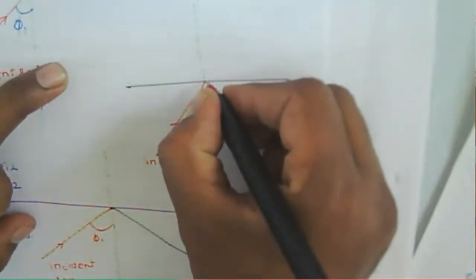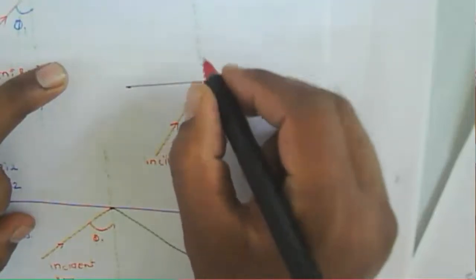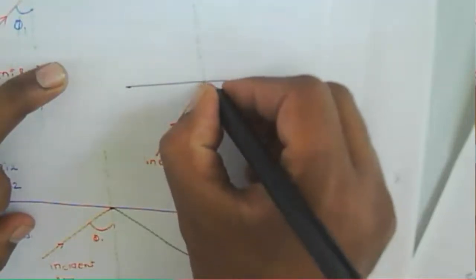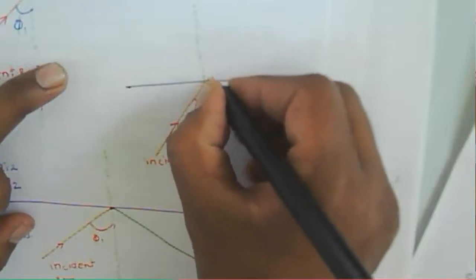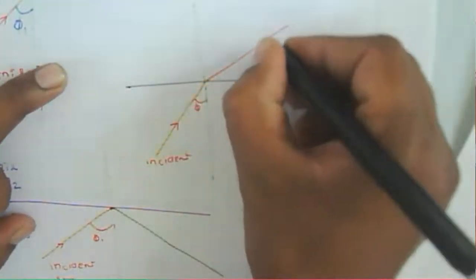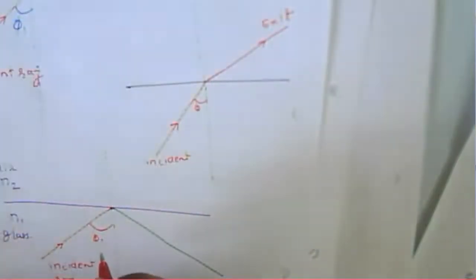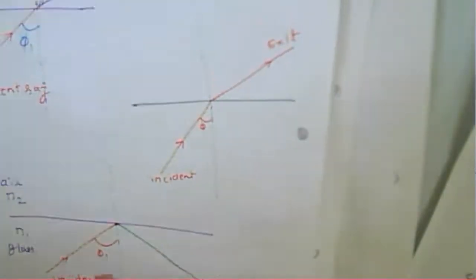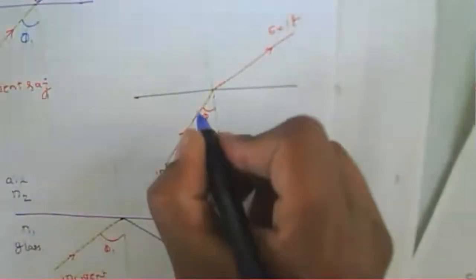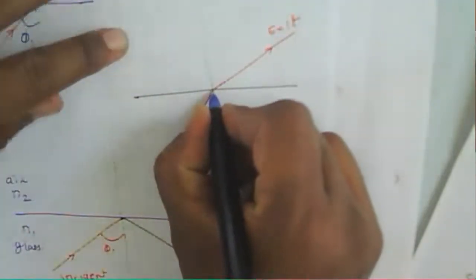At some particular value of phi, the signal will be reflected here, or it will exit here. It will exit, meaning it will propagate through the medium.